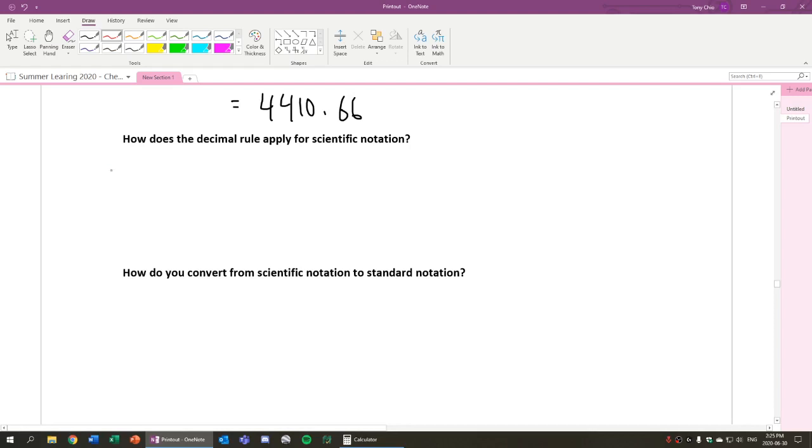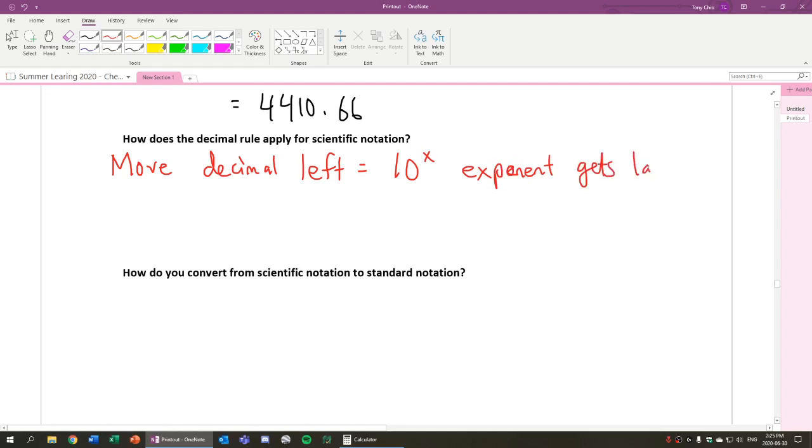So for example, when you move the decimal to the left, the scientific notation exponent, the 10 to the power x, gets larger. I'll show you this.